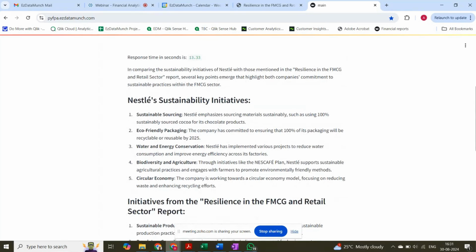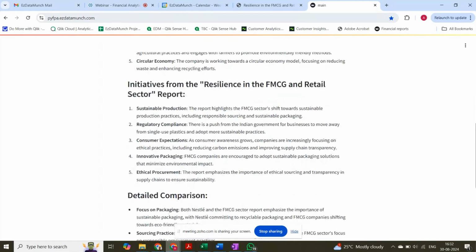It's talking sustainable sourcing, eco-friendly packaging, water, energy conservation, etc. And from that report, it is picking up these points. I don't want to read everything, but as you can see, there is a very clear-cut push towards sustainability within the FMCG sector in India today.